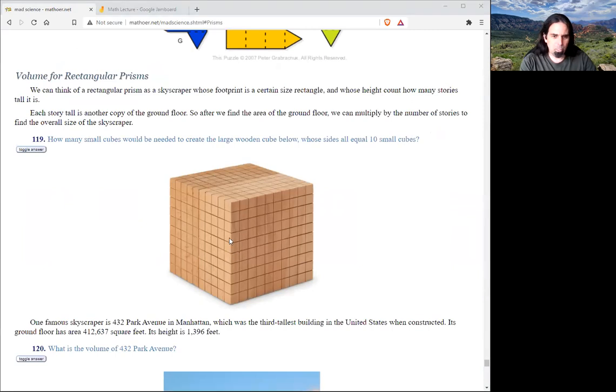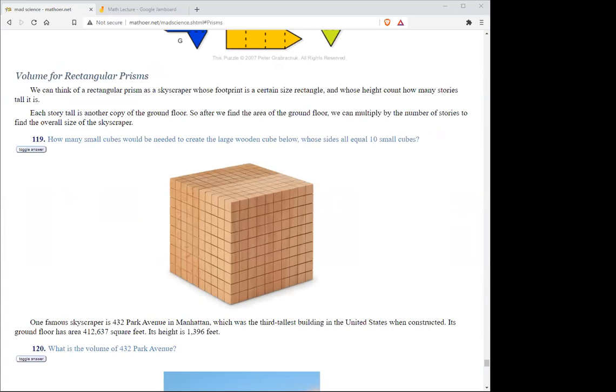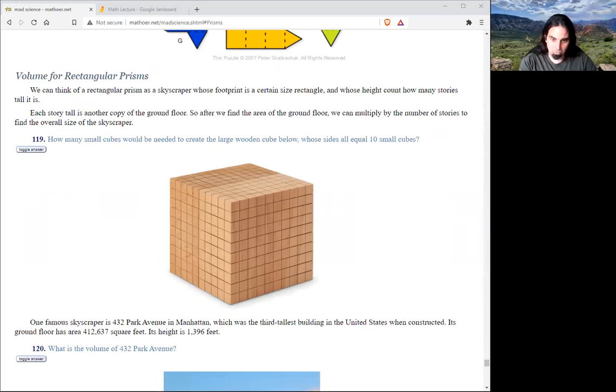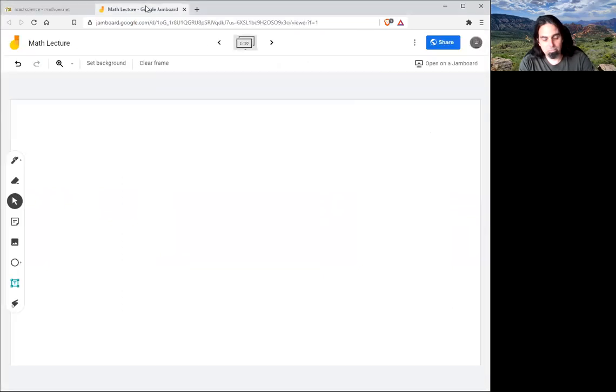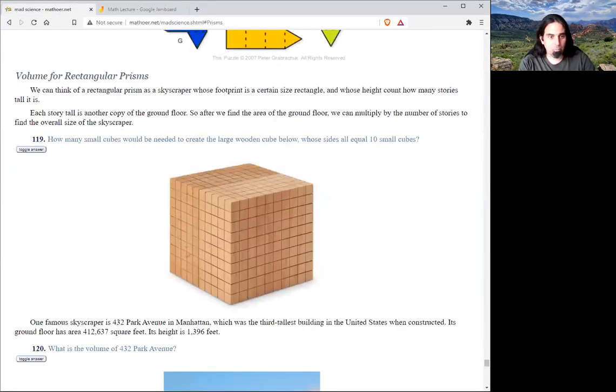So we are looking at, hey, did anyone ever play with these wooden or plastic cubes called base 10 blocks? The math department at LCC has a whole tub of them. We could actually, if we were in person, play around with them. But for now, you just have to see a picture.